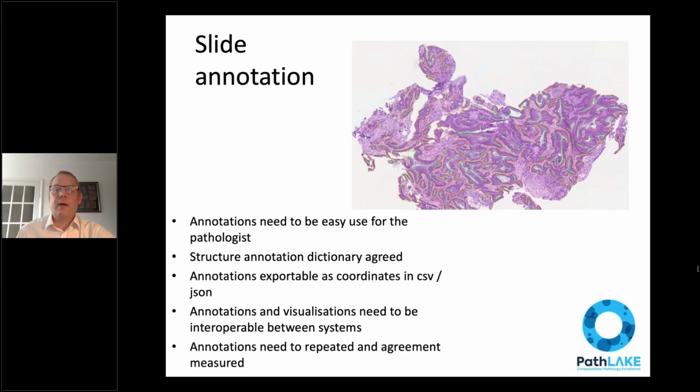So we have developed a number of tools which have been quite helpful in delivering this. One of which has been the construction of an annotation dictionary where we define agreed markers for different objects of interest, whether that's individual cell types or morphological features such as invasive carcinoma, as is shown in this particular slide here, or areas of acute inflammation, whatever it might be that's of interest.